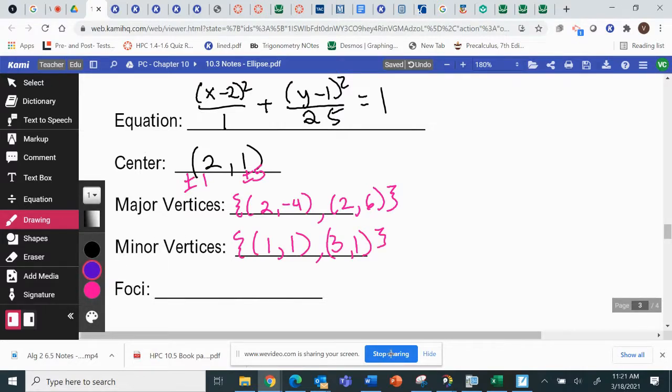And the foci, I'm going to subtract the 2 numbers and then square root. And square root of 24 does become 2 square root 6.